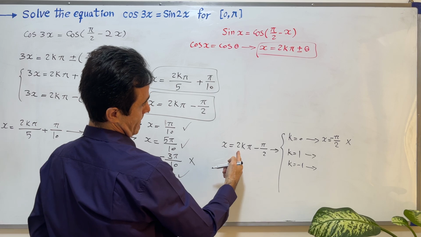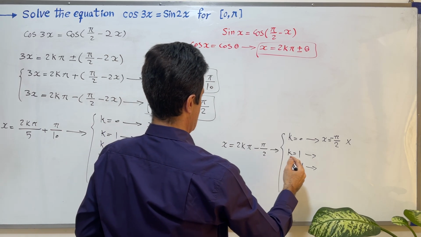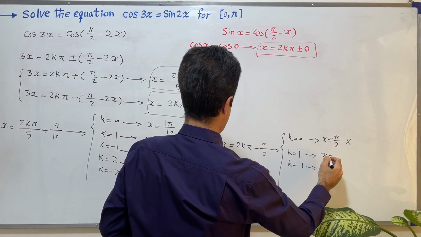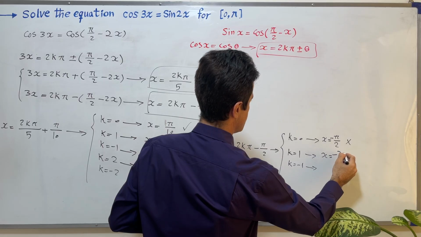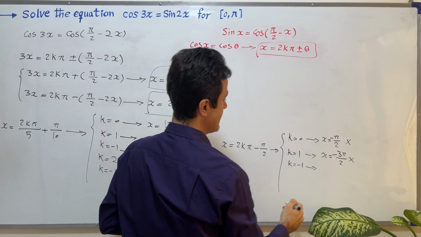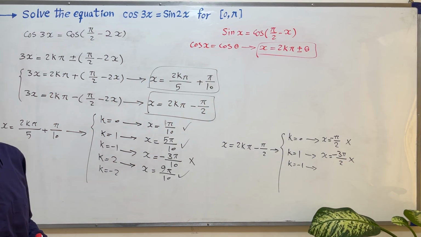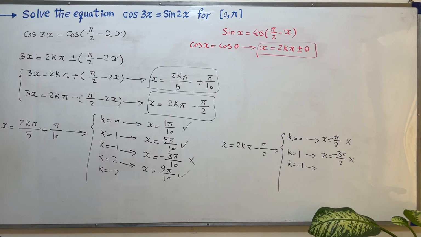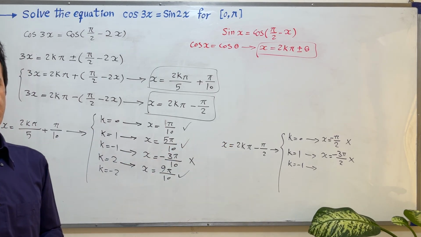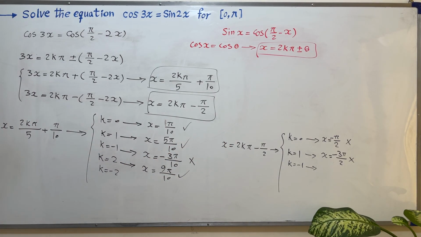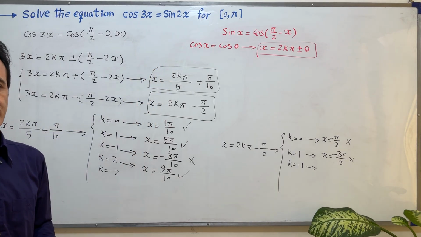K equal 1, x equal minus 3 pi over 2 is not valid, and for other integers, this value for x is not valid because it doesn't fall within the range.